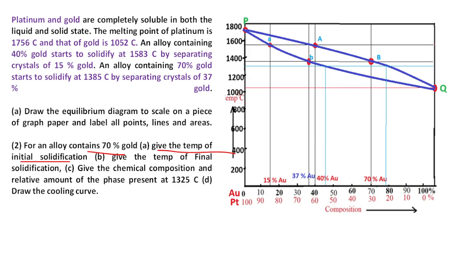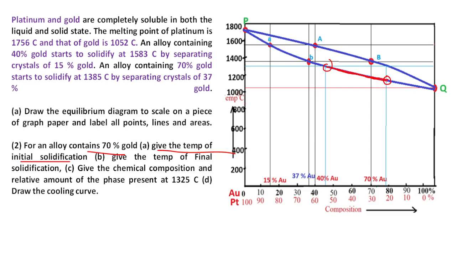At 70% gold, 1385 degrees Celsius is the initial temperature of solidification and 1200 is the final temperature of solidification.